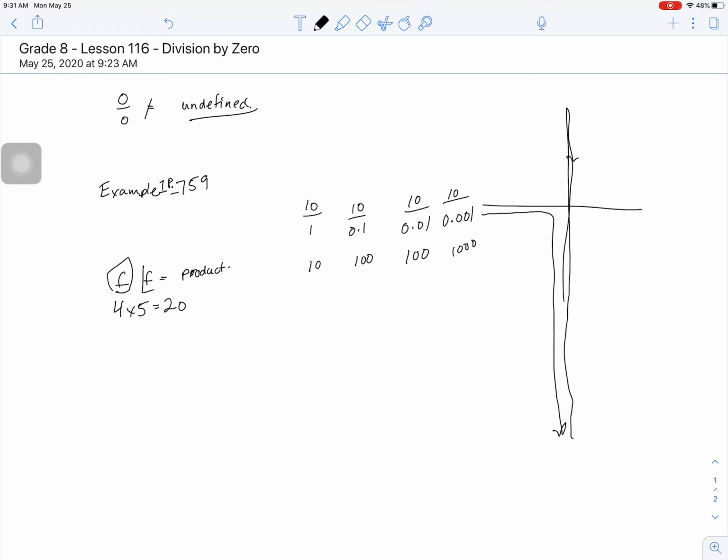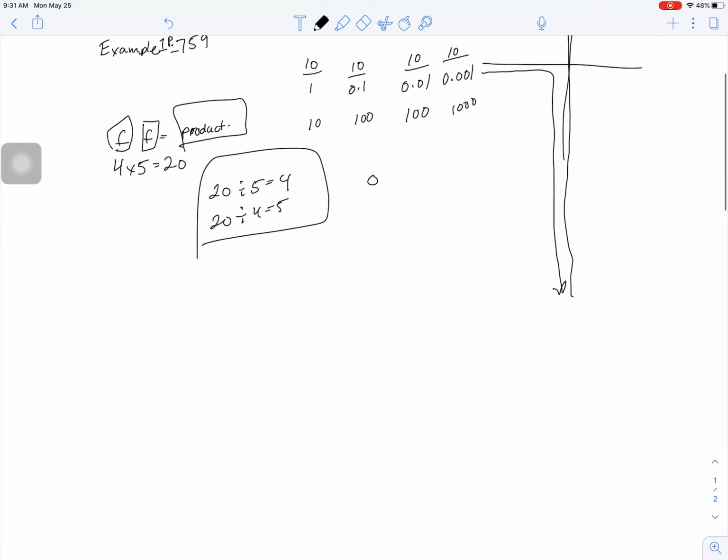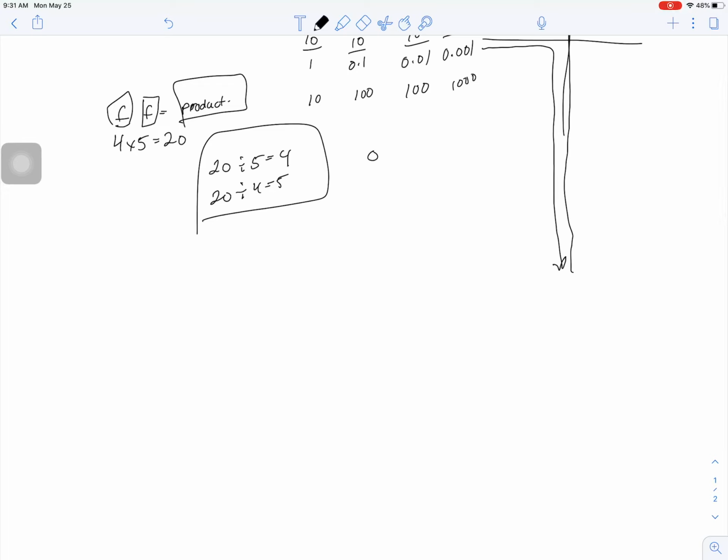You can use those numbers in any set of pairs. So you can use it as a quotient, right? 20 divided by 5 is 4. 20 divided by 4 equals 5. You've learned that. That always works, right? When you throw 0 in the mix, it's not going to help. So sometimes you have to make sure that you specify in an equation what number cannot be a variable.